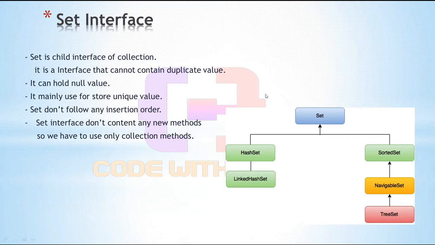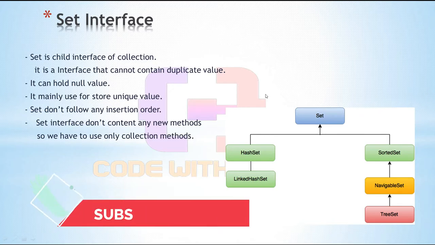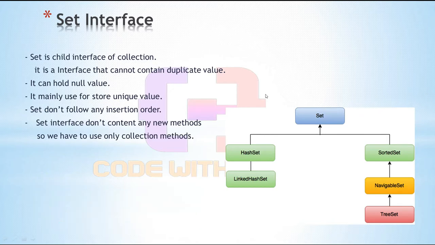So let's discuss. I have a requirement: I want to store unique values, and I don't have any requirement to preserve insertion order. Then I'll use the Set interface. In this diagram you can see the Set interface and several implementation classes.